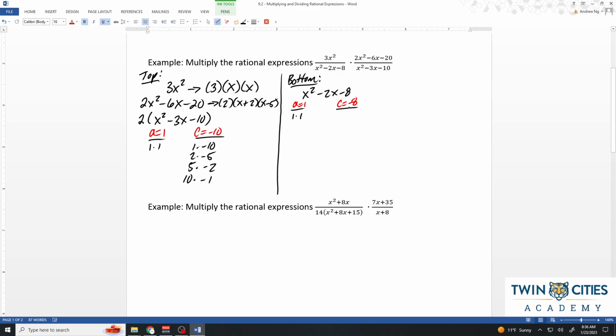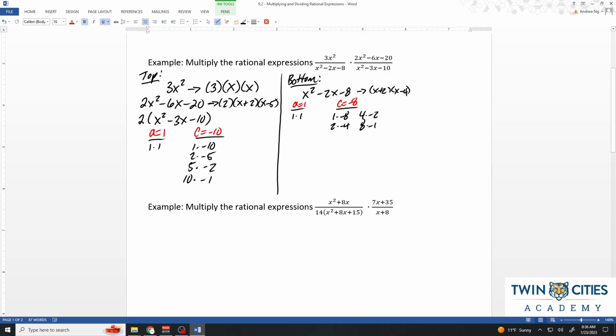And for negative 8, I've got 1 times negative 8, 2 times negative 4, 4 times negative 2, and 8 times negative 1. Trying to find negative 2 here, that's going to be 1, 1, and then 2, negative 4. So x plus 2, x minus 4.